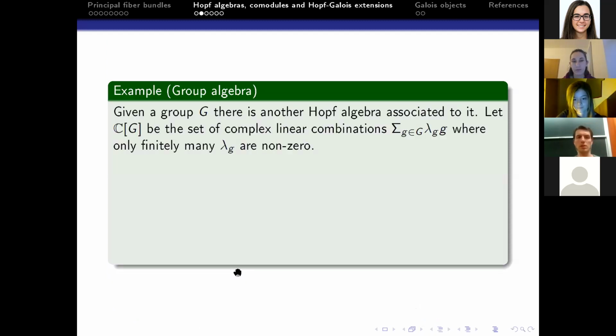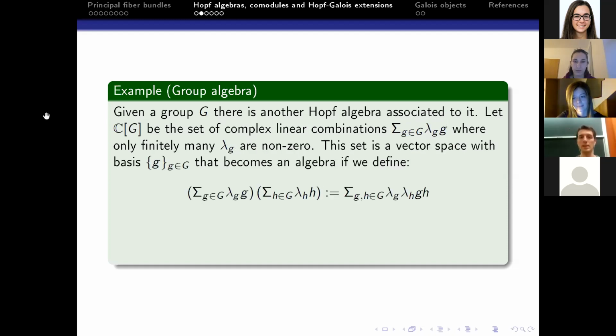As another example of a Hopf algebra, given a group G, we can consider the group algebra, which, as a set, is the set of linear combinations of elements of G, where the lambda_g are complex numbers and are non-zero just for finitely many elements in G. It is a vector space whose basis is all the elements in G, and the product is the following.